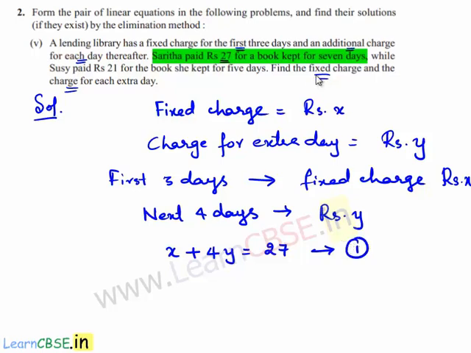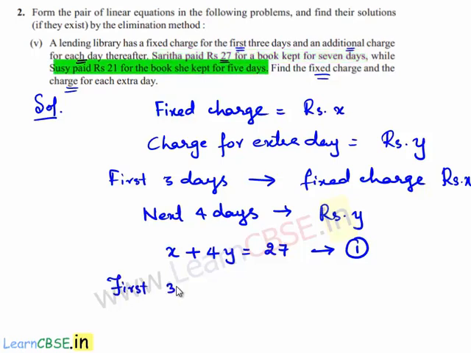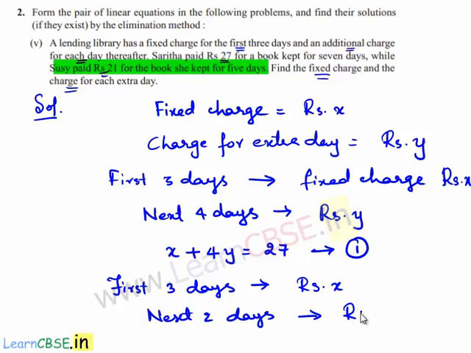Now using the second condition, for the first 3 days, there will be rupees x of fixed charge for Susy, and for the next 2 days, there will be an extra charge for each day, which is nothing but rupees y for each day.